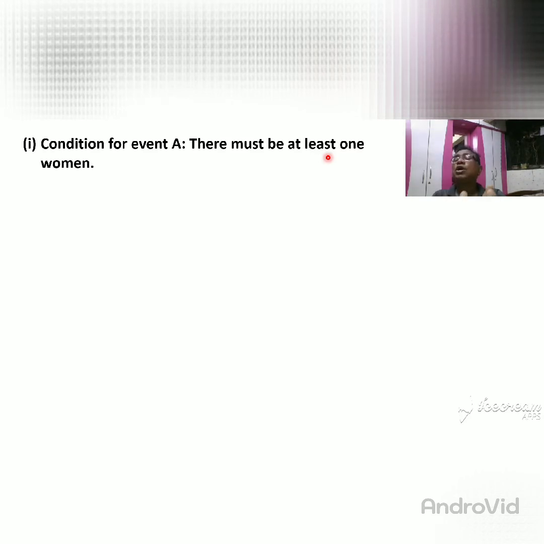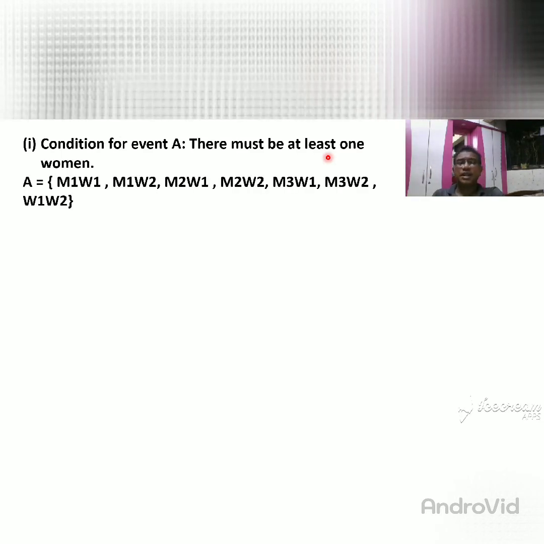At least one woman. So you write a committee in which there is one woman, and if you get a committee with two women, that committee is also right. So the possibilities are M1W1 having one woman, M1W2, M2W1, M2W2, M3W1, M3W2, each having one woman, and W1, W2.